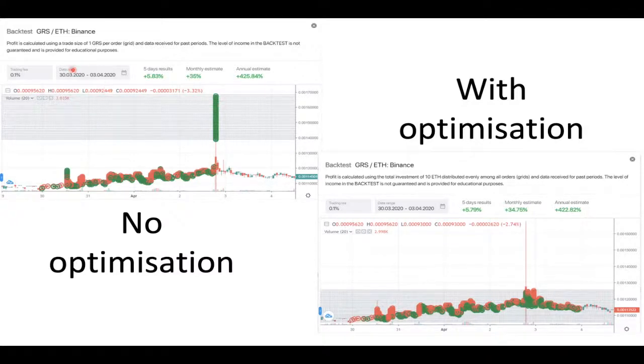So on the left side you see the scenario without optimization: the bot would simply get stuck with all of these buy limit orders executed at the highest price. So that's something you want to avoid. You don't want to buy high, you actually want to buy low, and sell high.